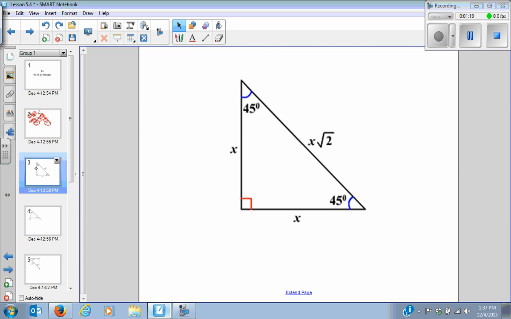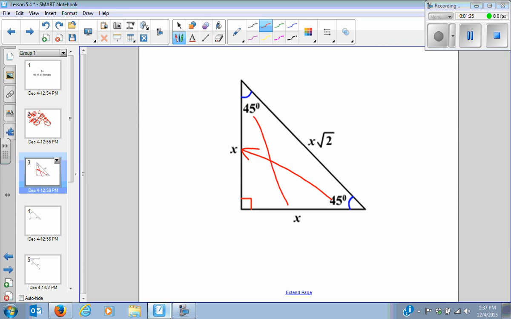So here it is. You know that the two sides that are across from the 45s are going to be the same value. That's why they're represented as x. It's going to be some number, 10, 5. It can even be a nasty number, which we're going to get into in some of the examples, like 5 square roots of 7 or 5 square roots of 2.